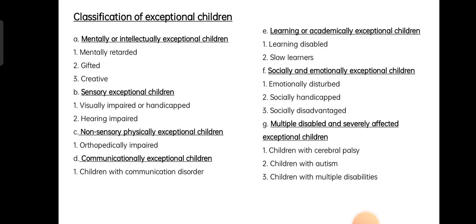Everything I will explain. The next one is non-sensory: physically exceptional children, orthopedically impaired; communicationally exceptional children, children with communication disorder; learning or academically exceptional children, learning disabled, slow learners; socially and emotionally exceptional children, emotionally disturbed, socially handicapped, socially disadvantaged.